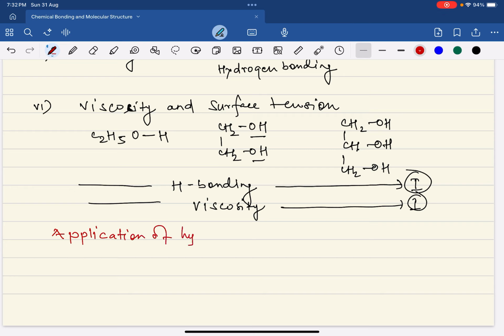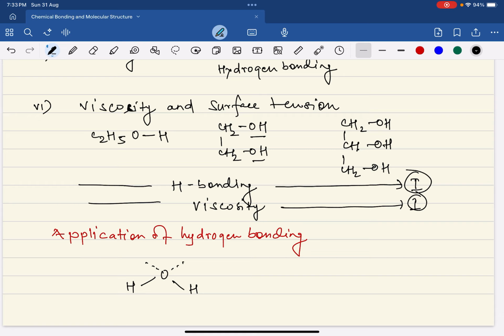Application of hydrogen bonding. We know that ice floats on the surface of water because during the formation of ice, hydrogen bonds are created, and in case of the water molecule there is a permanent dipole moment.